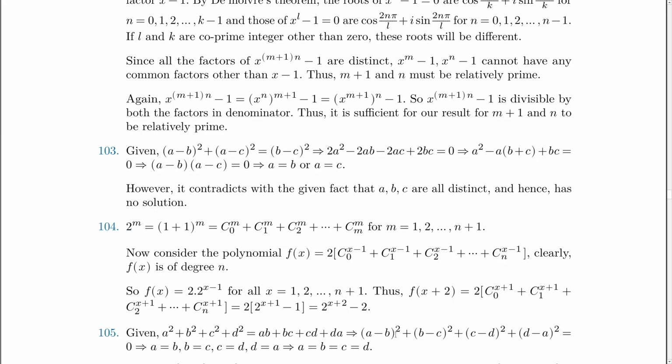Now all these are squares of real quantities. So we will have a-b = 0, b-c = 0, c-d = 0, and d-a = 0, which implies that all four are equal.